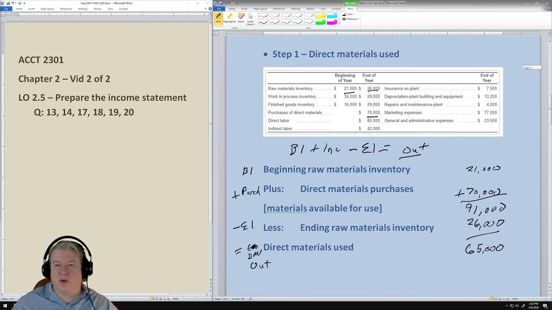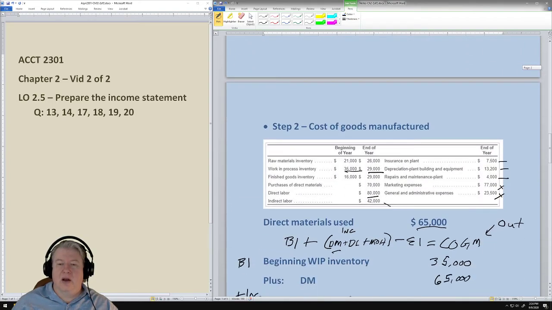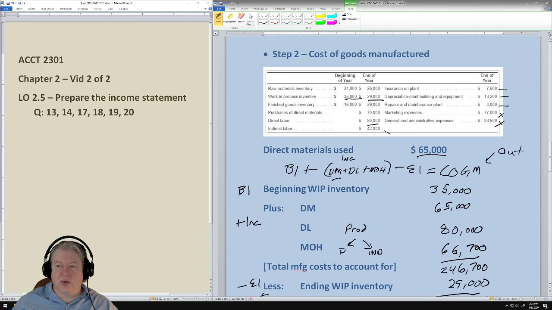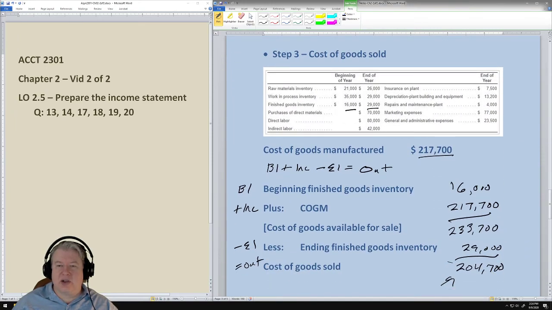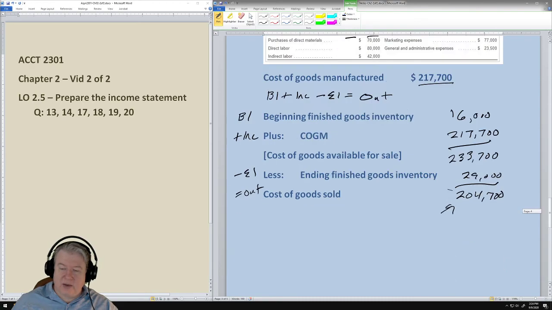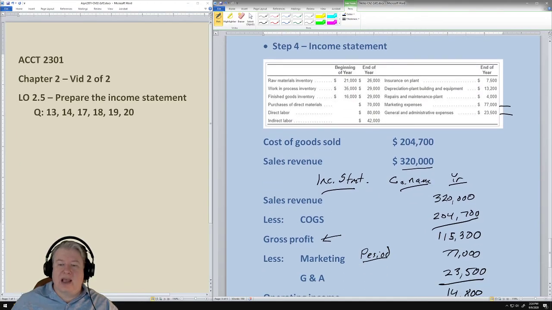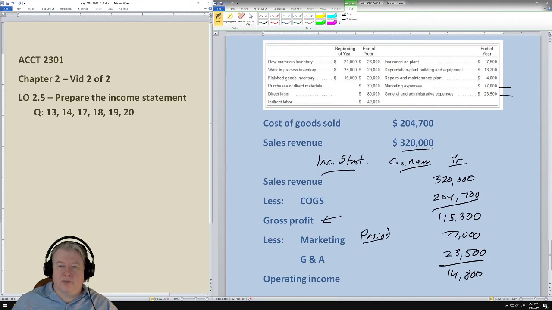We work through figuring out the direct materials first. That gives us how much raw material was used. We plug that into the work in process inventory calculations to figure out how many items were actually finished. We take the finished items and then we add that into our finished goods inventory to figure out how many of the finished items were sold. And then the sold items are the ones that we actually put on the income statement.